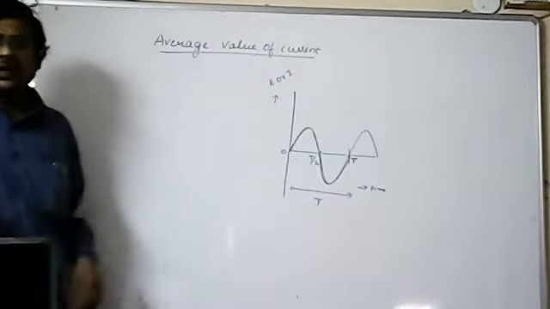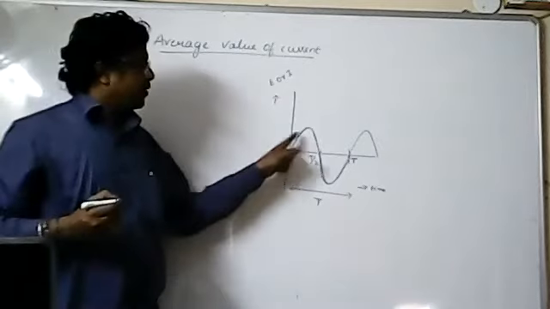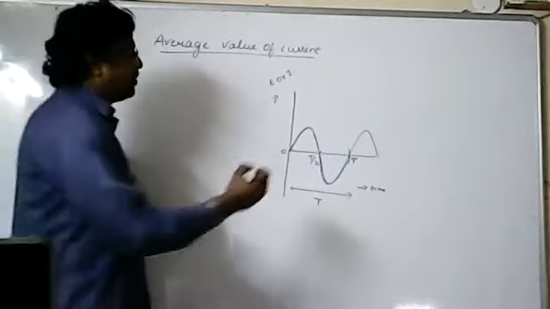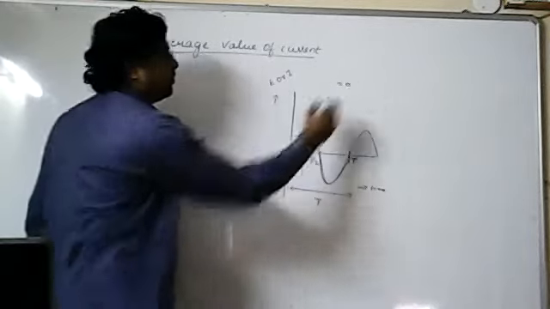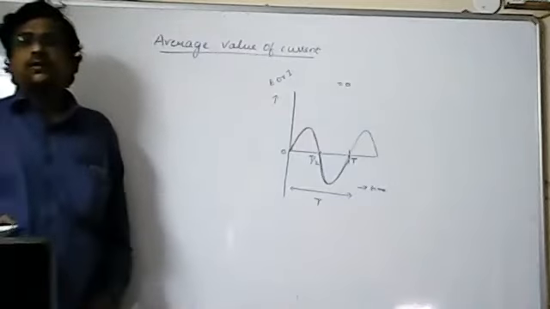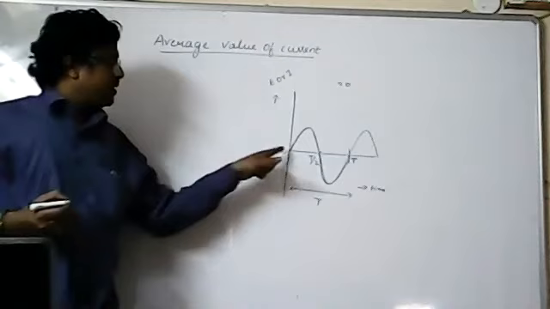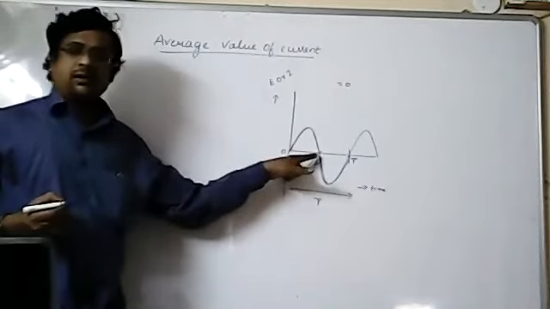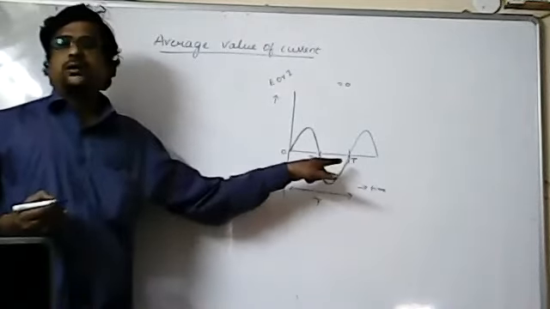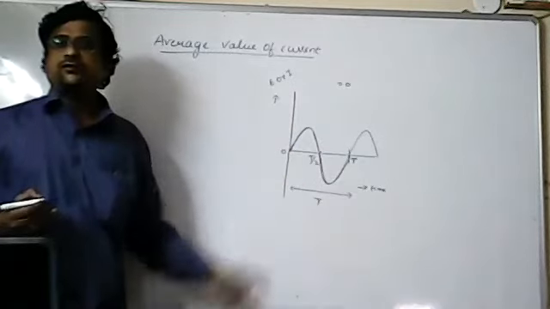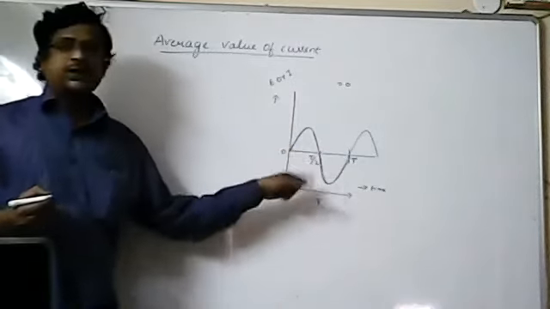If I calculate the average for one complete cycle, the average value will be equal to 0. Why is it 0? Because you have one positive cycle and one negative cycle, one positive quantity and one negative quantity, and the magnitude is the same.